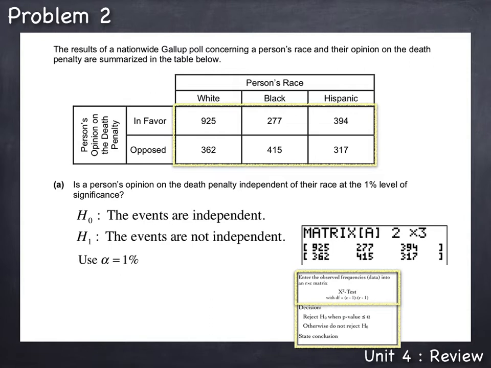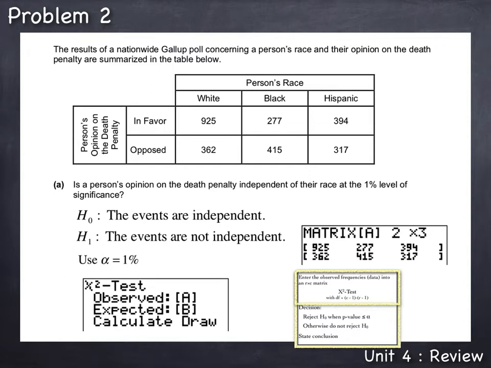Now that we have all the data in our table entered into the matrix in our calculator, we can go to the chi-square test command to calculate the p-value. To get to the chi-square test command, we press Stat, arrow over to the Test menu, and then arrow up until we reach the chi-square test command and press Enter.